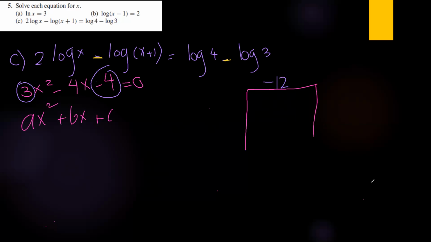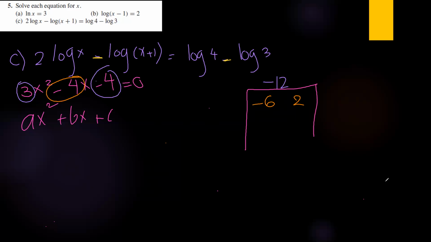Now this negative 12, we call it ac. I want you to write the factors of negative 12 that when you add them, they give you negative 4, and when you multiply them, they give you negative 12. What are these two factors? It will be negative 6 and 2, because negative 6 times 2 is negative 12, and negative 6 plus 2 is negative 4.